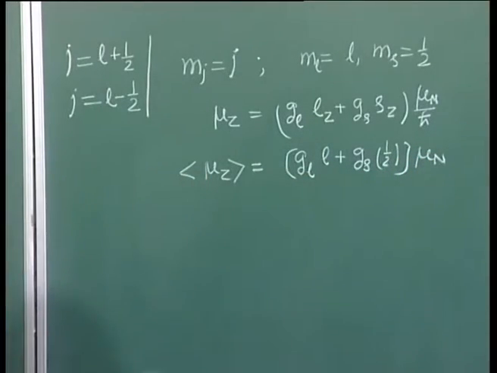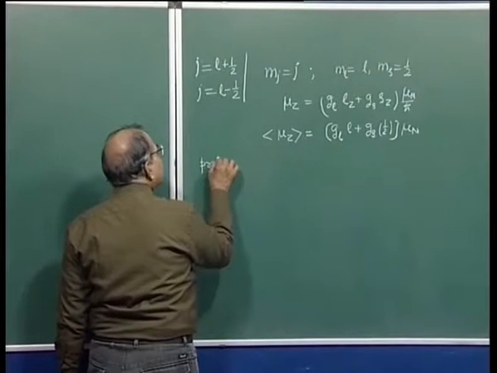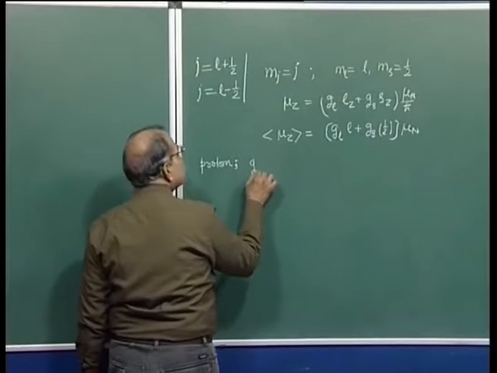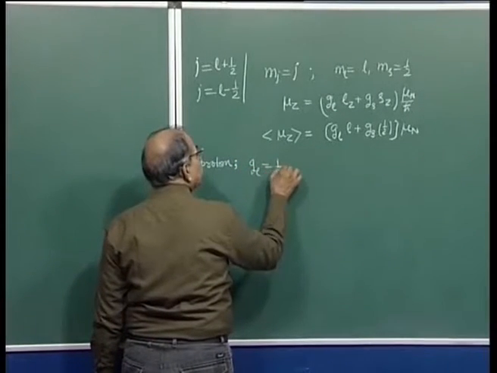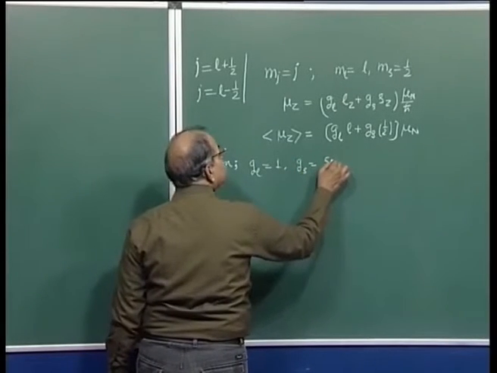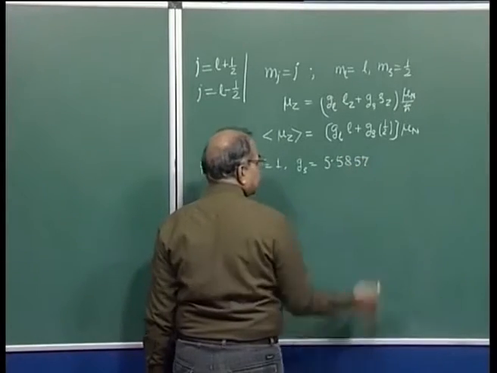Simple to calculate. Then if the last unpaired particle is a proton, then GL is 1 and GS is 5.5857.